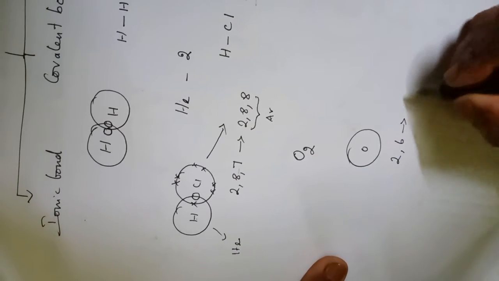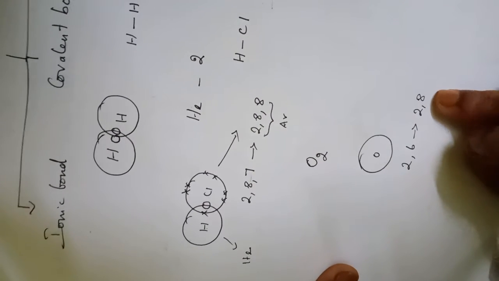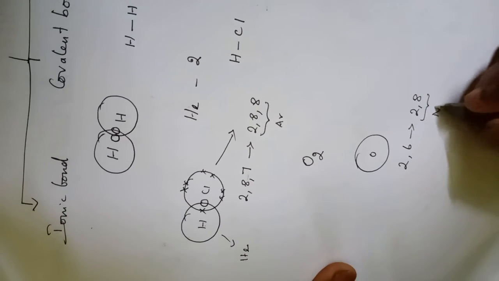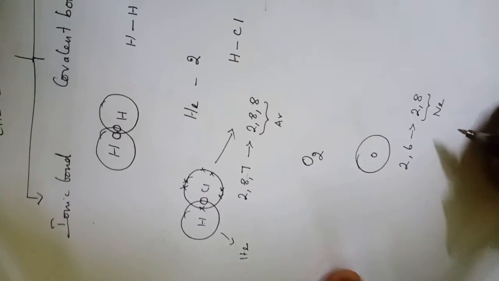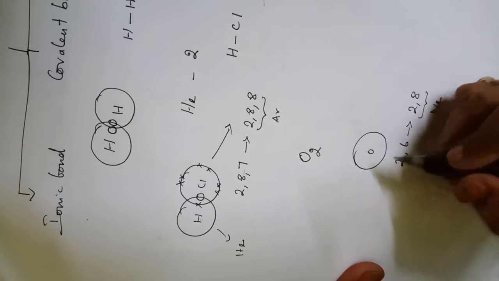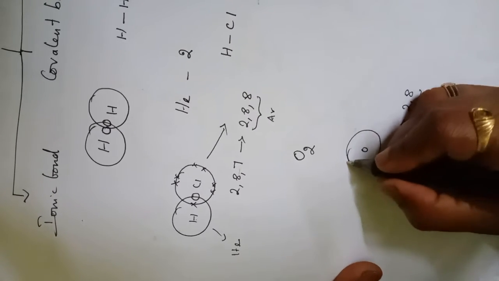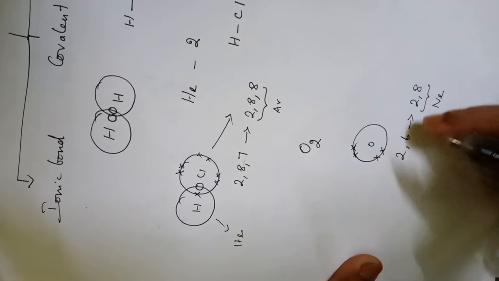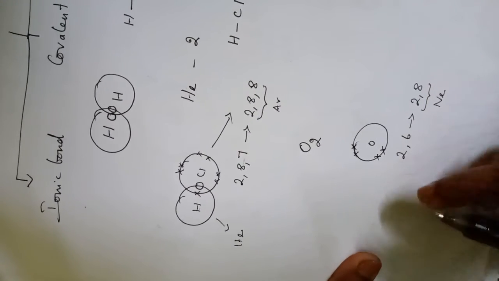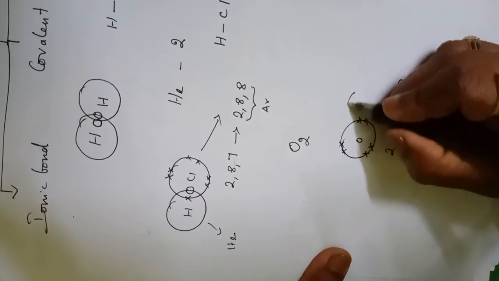By gaining 2, this becomes 2, 8, which is the electronic configuration of neon, a neighboring noble gas element. So as I said, oxygen has 6 electrons in the outermost shell, and that needs 2 more electrons to become octet. If it wants 2 electrons, this will share 2 electrons.